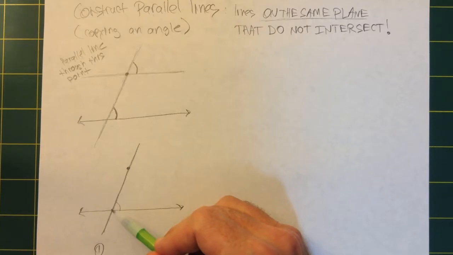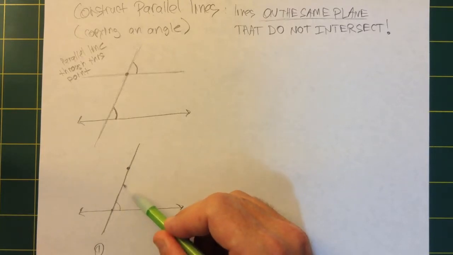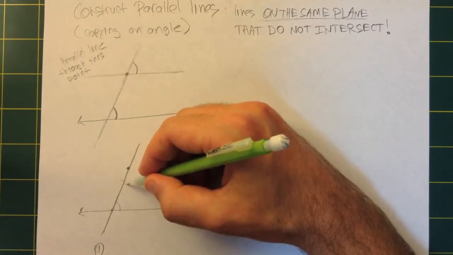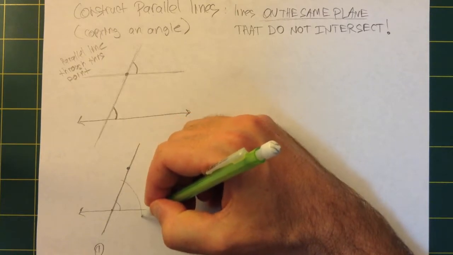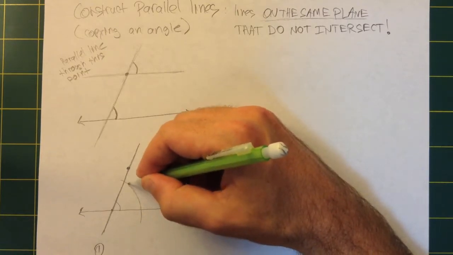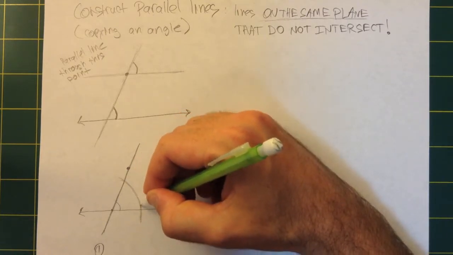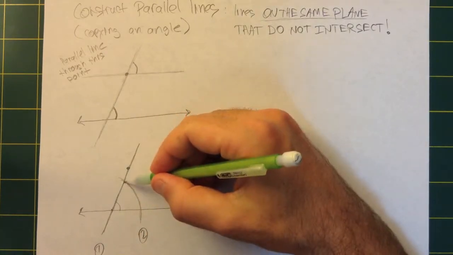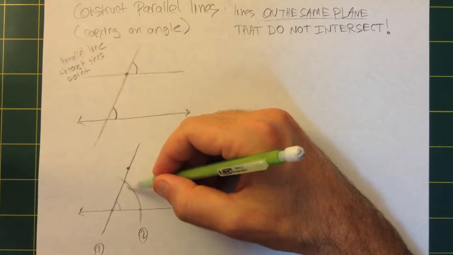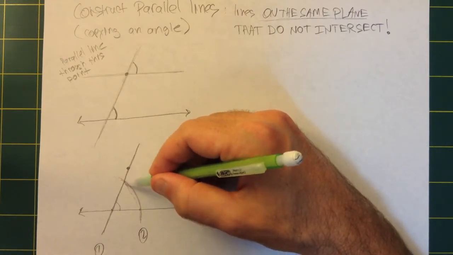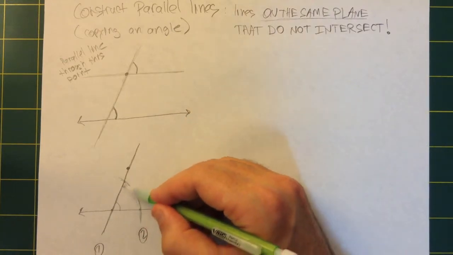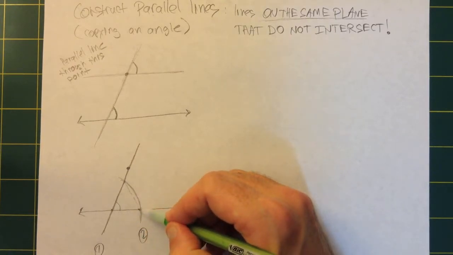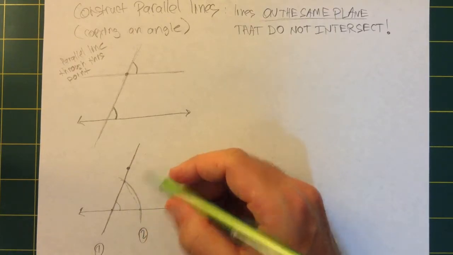So we center the compass here, we open up by some distance, and we make a random arc. And the purpose of making this random arc is to put into the picture an imagined triangle. There's now an imagined triangle here where this side and this side are the same. And I'm going to just copy this triangle and put it up here.